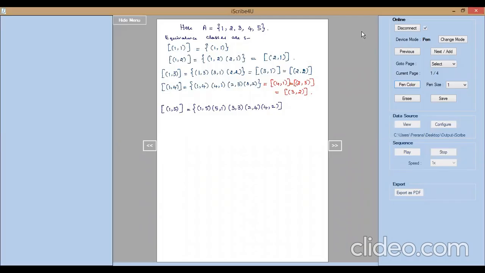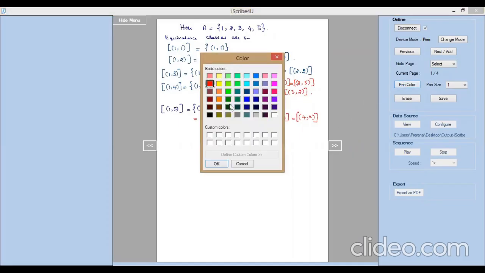So this is the equivalence class of another set of terms also, which is 5, 1, 3, 3, 2, 4, 4, 2. So when we took the sum as 6, it is in turn the equivalence classes of 5, 1, 3, 3, 2, 4 as well as 4, 2. Correct? So next we will start with equivalence classes starting with 2.